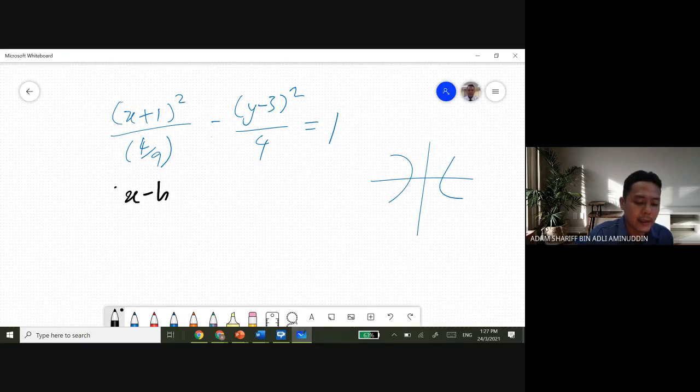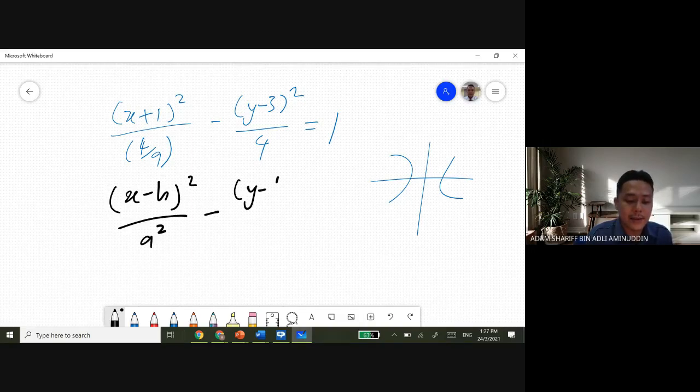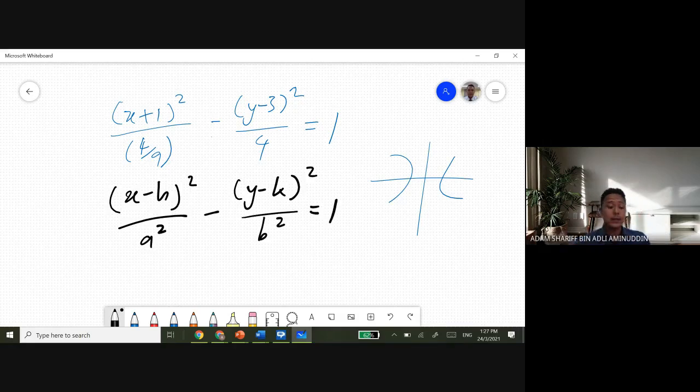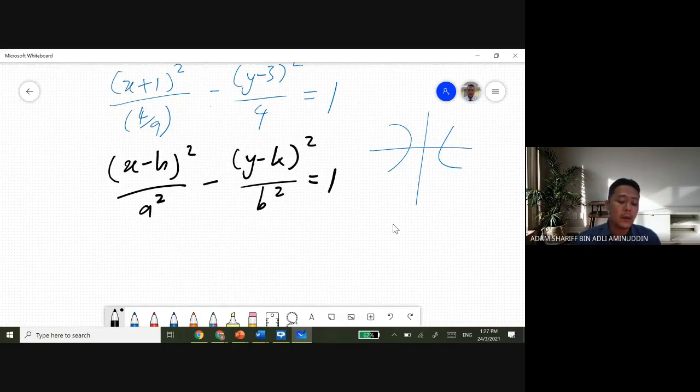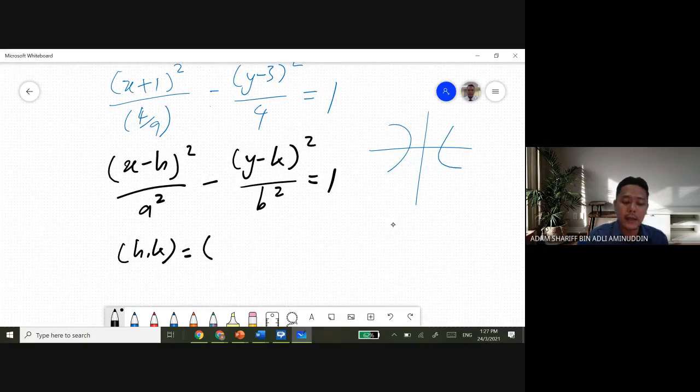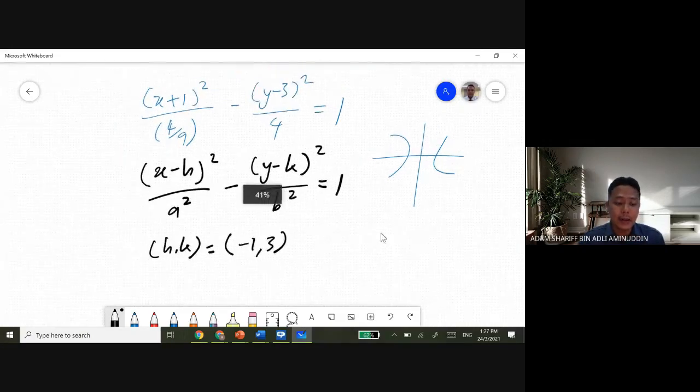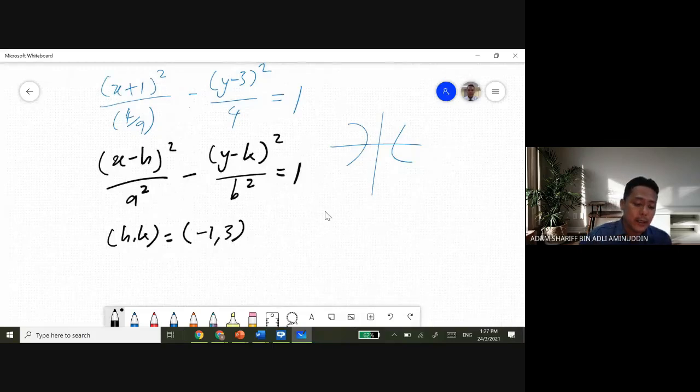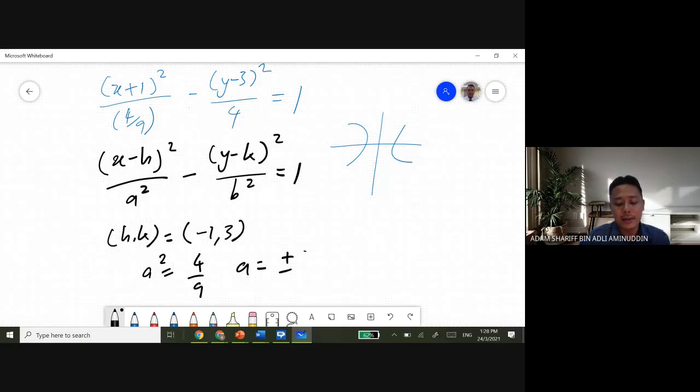Compare with (x minus h) squared over A squared minus (y minus k) squared over B squared equals 1. Comparing the top and bottom, h is negative 1 and k equals 3. This is for the center. As for A, the horizontal value, A squared equals 4 over 9. Therefore A equals plus or minus 2 over 3.